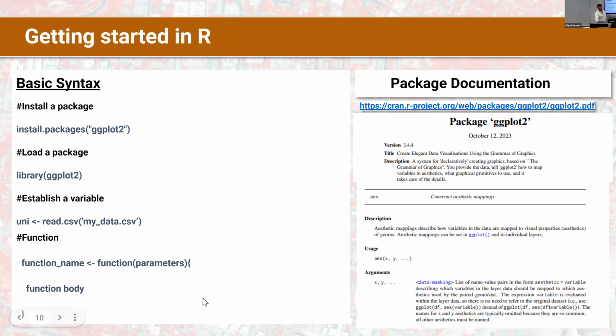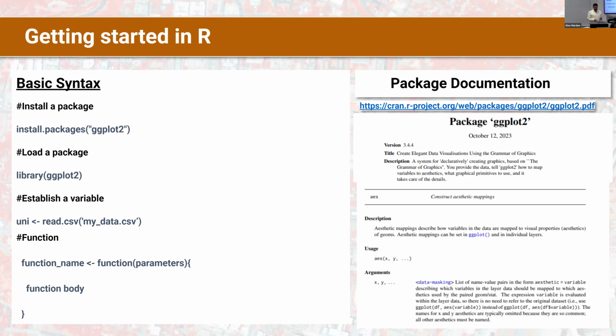And in read CSV, the parameter is the CSV file I want to use. When you're writing your own function, the function is actually stored within curly brackets. You can see at the end, there's a curly bracket that denotes what the function is actually doing, and those parameters are in the parentheses.